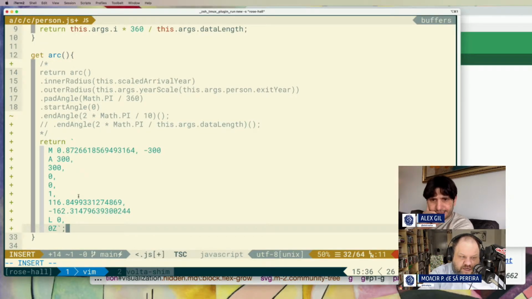But you'll say, that's not a full wedge. That's why you have the Z at the end, because the Z command is the only one I ever remember. And Z is close the shape. So it draws the arc, then a straight line, and then draws a straight line from the end of that line to where the arc begins, to close the shape.